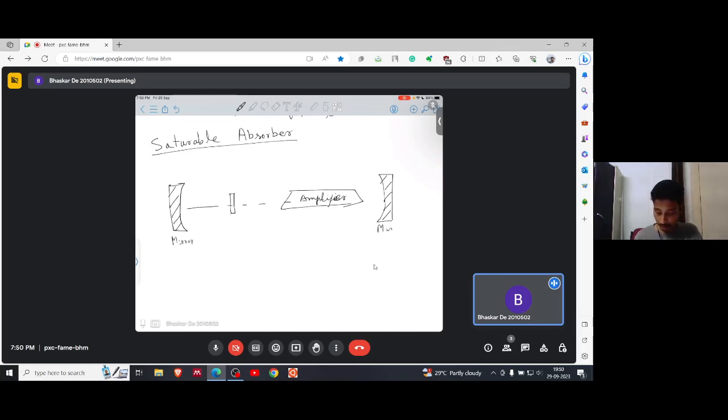This is a mirror, this is another mirror, this is the amplifier, and then here we have the saturable absorber. So by the name, this is the element that will automatically absorb the light, and it saturates at some point.